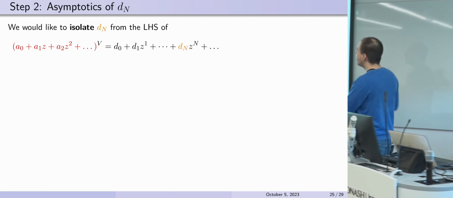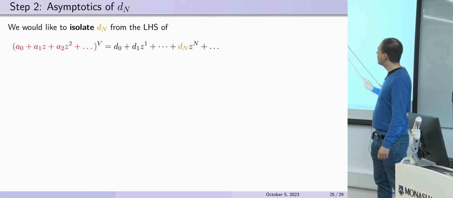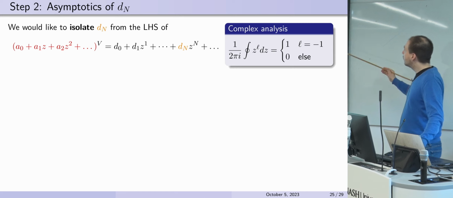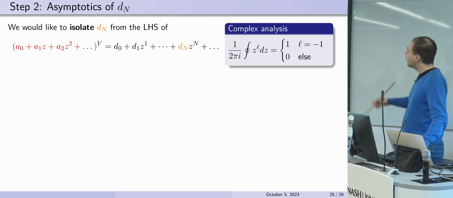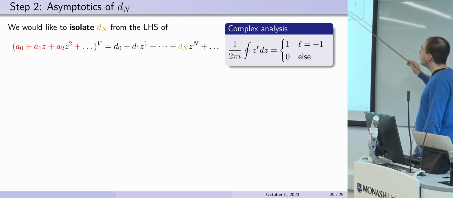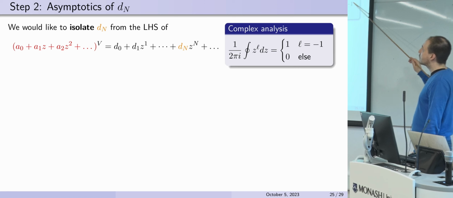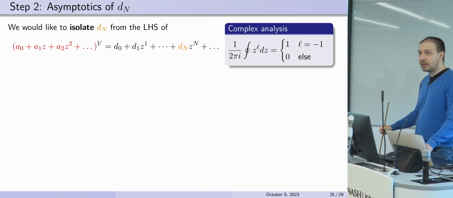But knowing that we want to get this coefficient in front of z to the n out of this polynomial to the power V, we can use complex analysis to isolate the coefficient in front of z to the n, because we know if we do a contour integral around z to the l, only if l is exactly -1, we will get 1 instead of 0.